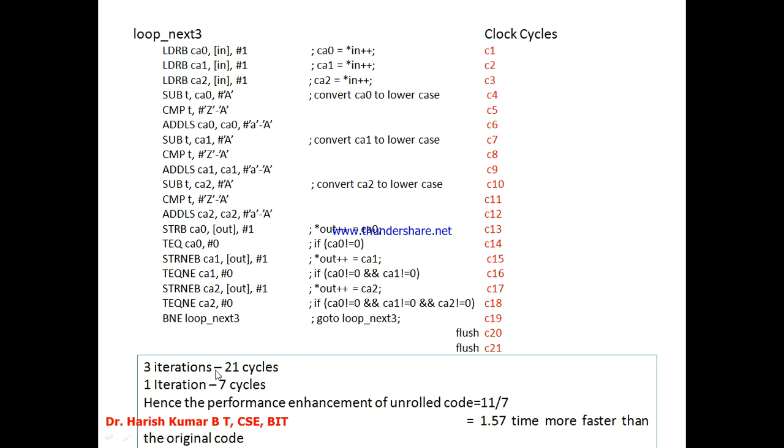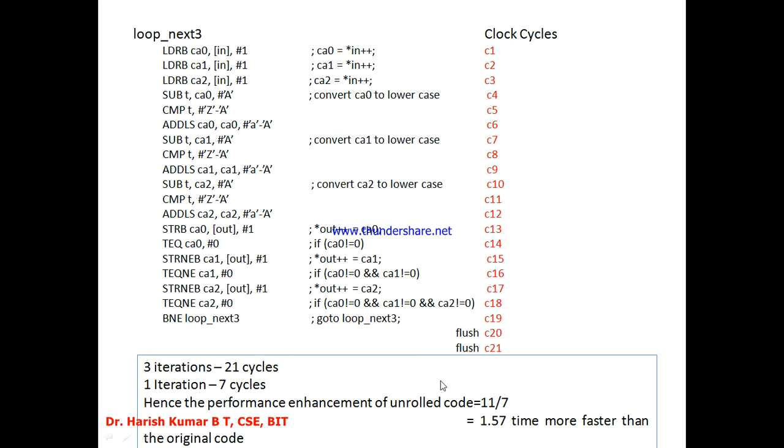That is what I mean: 3 iterations, 21 cycles, and 1 iteration is taking 7 cycles. To convert 1 character from uppercase to lowercase, how many cycles are you using? 7 cycles. In the first example it was 11 cycles, then 11 was reduced to 9 cycles. Now in this example it is reduced to 7 cycles.